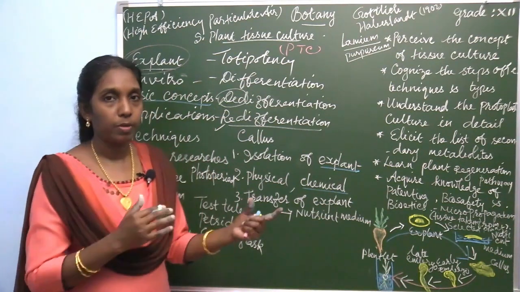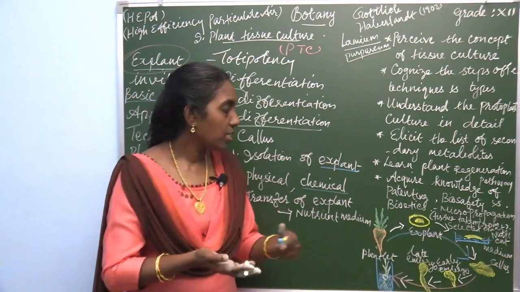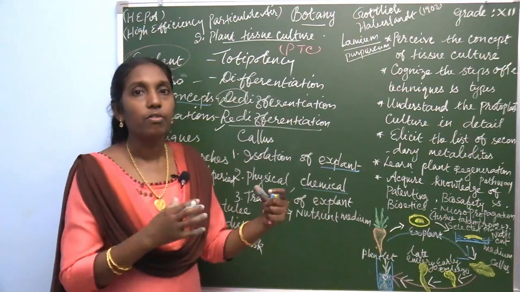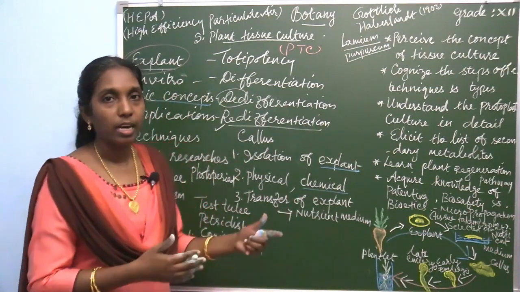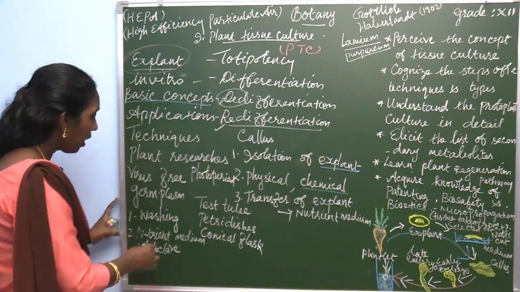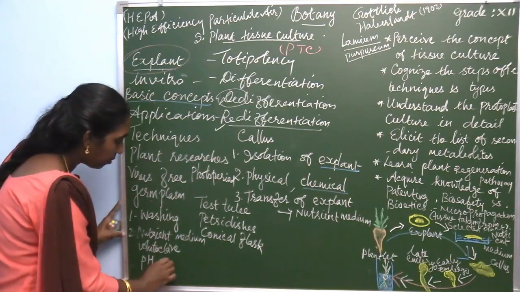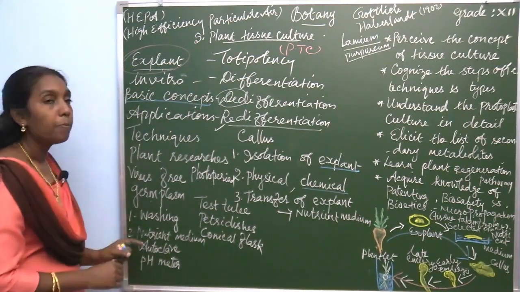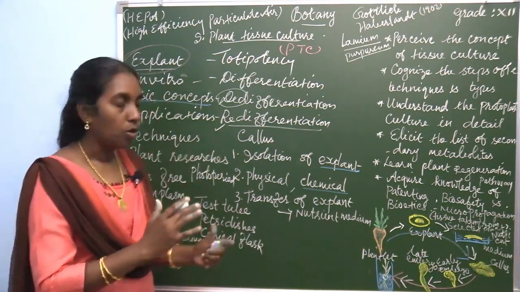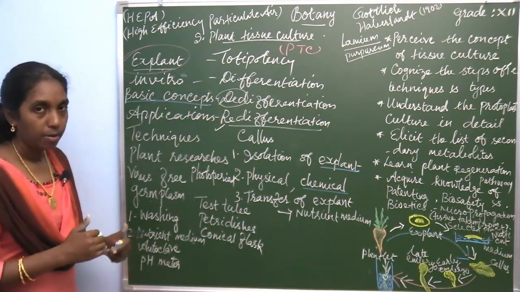There are a number of microbes present that could enter the nutrient medium. So before transferring the explant into the nutrient medium, it is sterilized with the autoclave. That means high temperature is used to kill the microbes present in the nutrient medium. To maintain the pH, a pH meter is needed, and an electronic balance. These are all for preparing the nutrient medium.